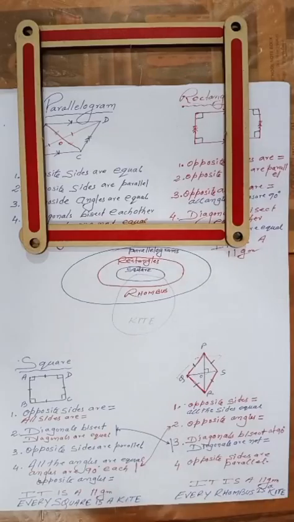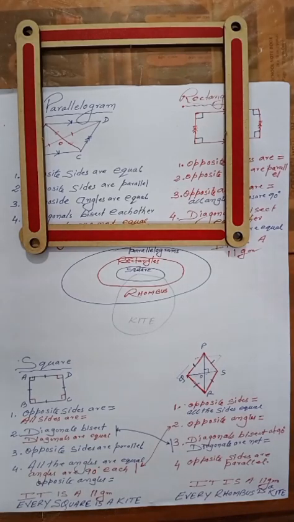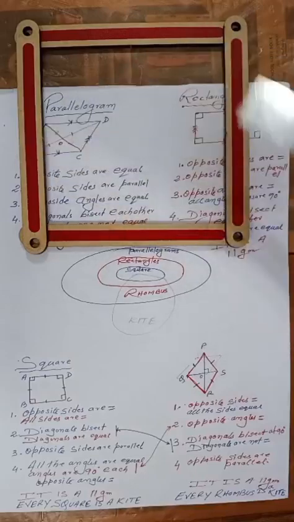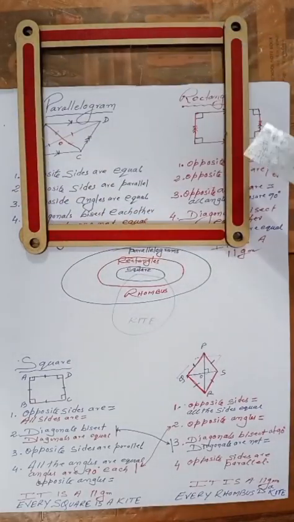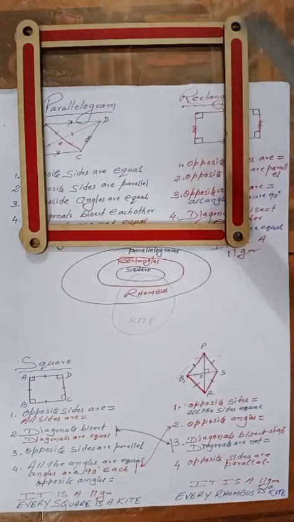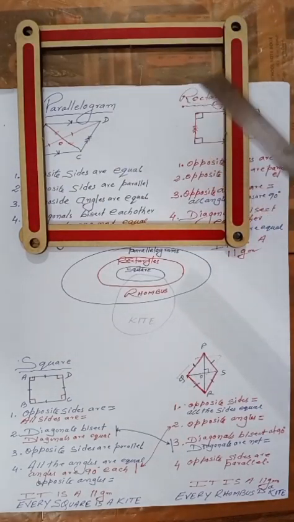Now we will try to make a rhombus from the square. So the square's properties are: opposite sides are equal, opposite sides are parallel, diagonals are equal, diagonals are bisecting. Clear? This is the main thing. Now let's start.